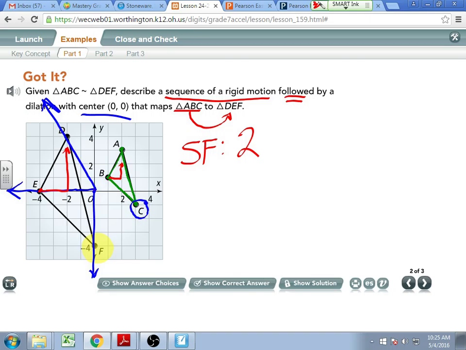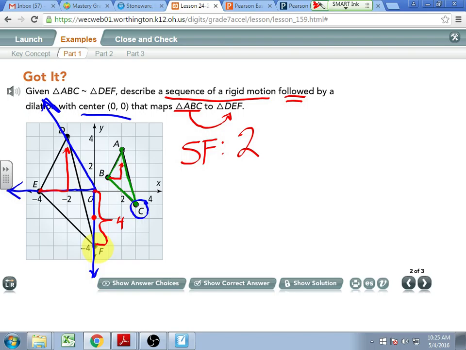So if I know that from the origin to my image point is a distance of 4, then I know that from my origin to my pre-dilation point would need to be 2. So I know that my pre-dilation point needs to be right here.